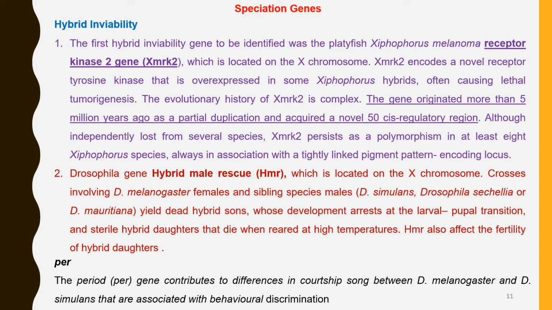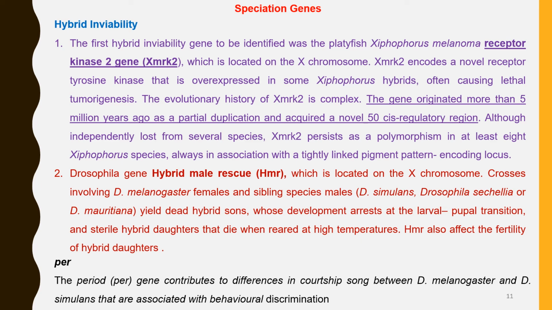Speciation genes for hybrid inviability. Example, the receptor kinase 2 gene XMRK2 in platyfish. We had discussed this while studying the DM model. Second, the hybrid male rescue or HMR gene in Drosophila. This gene is located on the X chromosome.